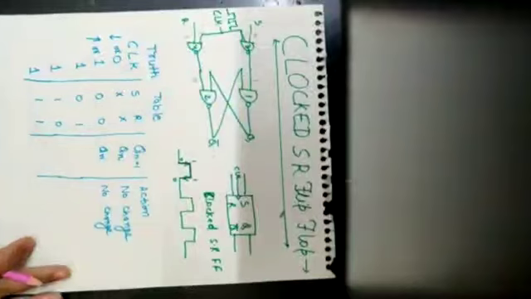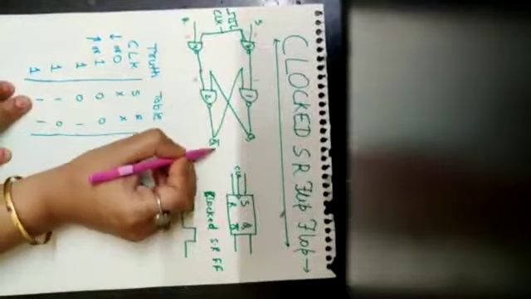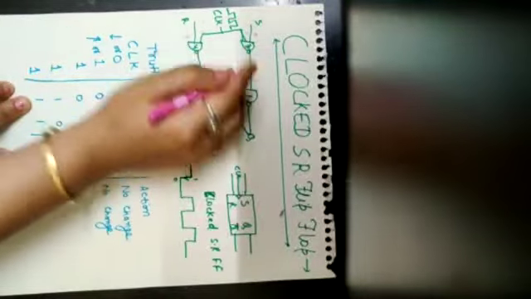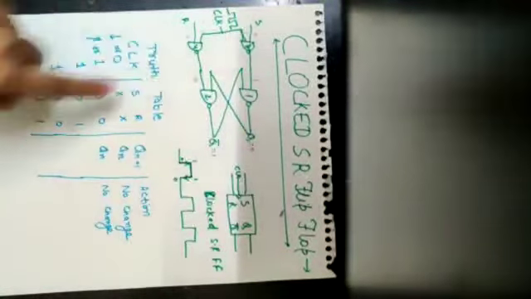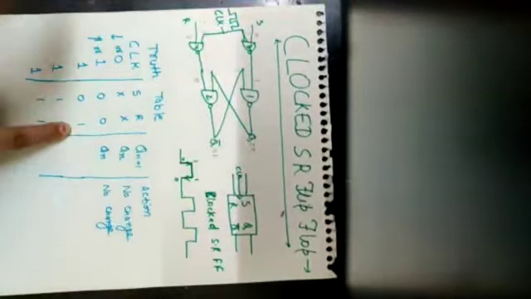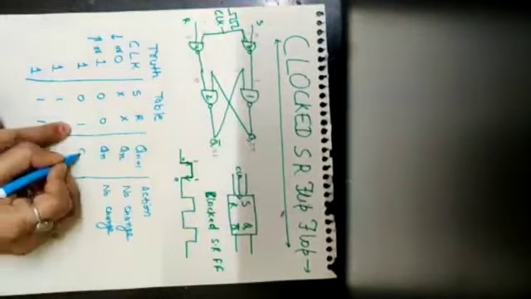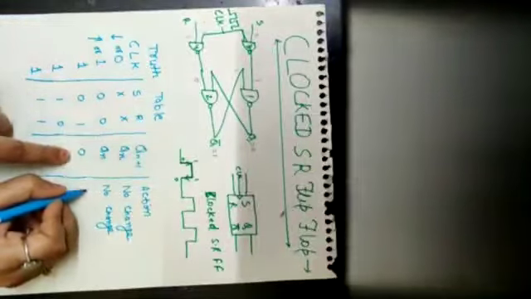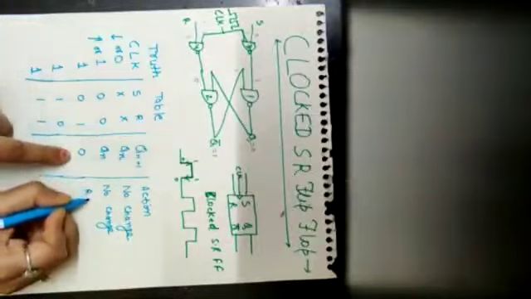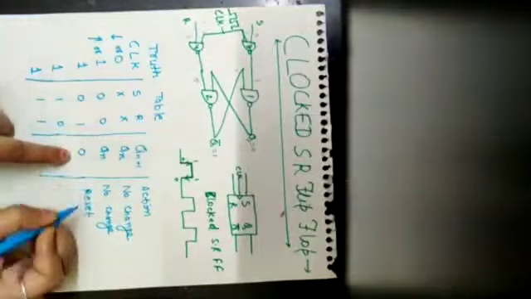This 0 comes here, so S is 0, R is 1 switches the output Qn to 0. I already explained that whenever the output comes 0, the flip-flop performs the action of reset. It will reset the flip-flop.